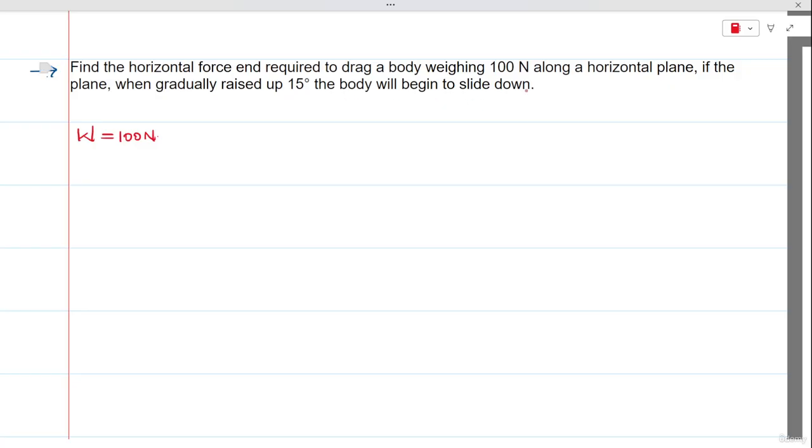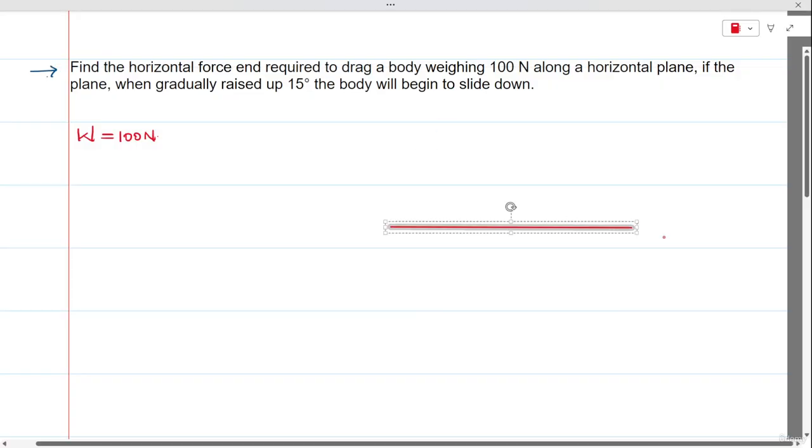Okay, so a body is initially placed on a horizontal plane, and that plane is raised gradually such that it reaches an angle of 15 degrees. Let's say this is the horizontal.